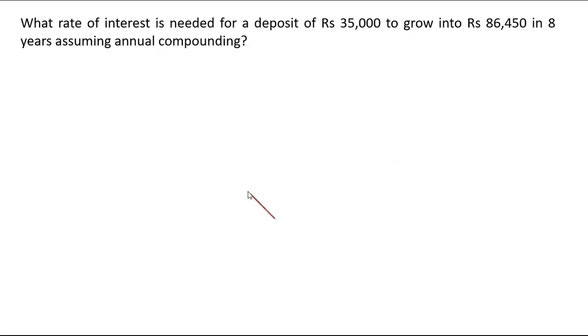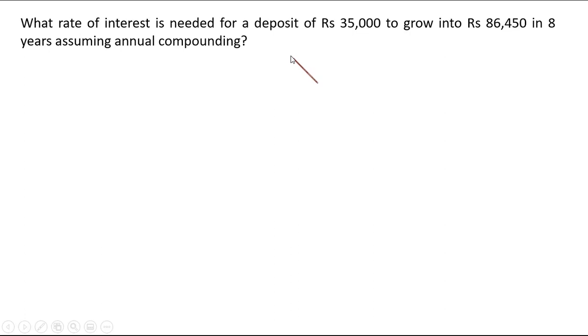What rate of interest is needed for a deposit of rupees 35,000 to grow into rupees 86,450 in 8 years, assuming annual compounding? Which means this is the present value, which will turn into a future value of 86,450 after 8 years.